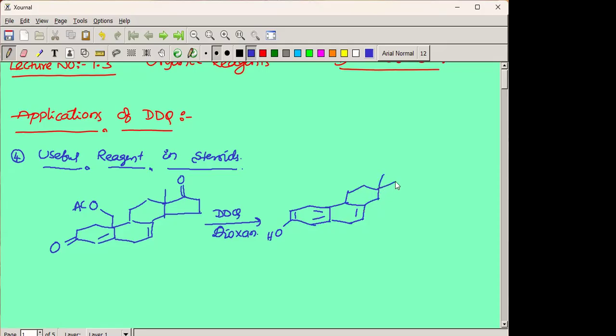And we get this alpha beta unsaturated group. So here DDQ acts as a reagent that converts ketosteroids into alpha beta unsaturated steroidal ketones. Okay, this is a ketone, that is ketosteroids.